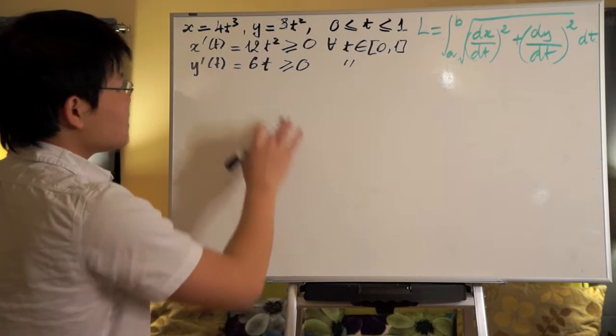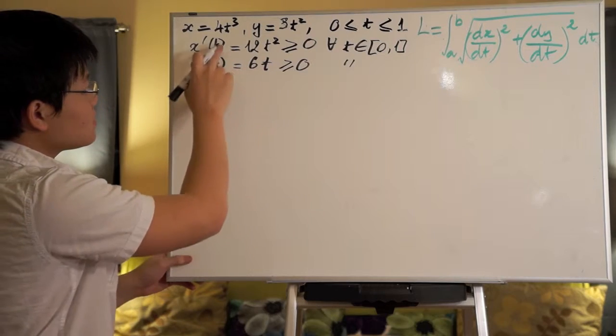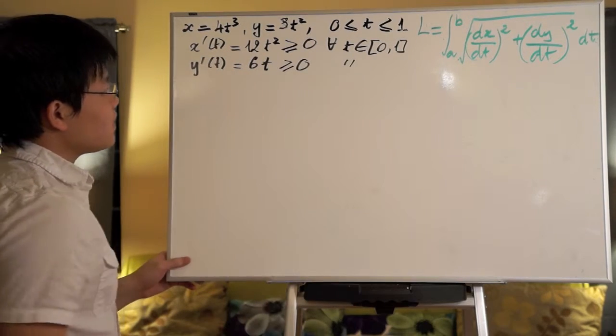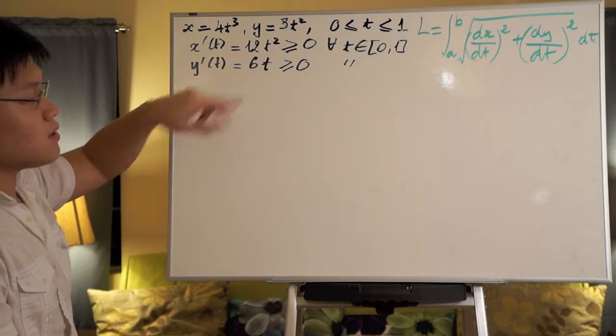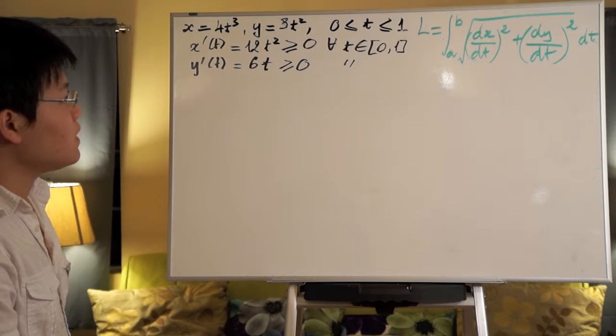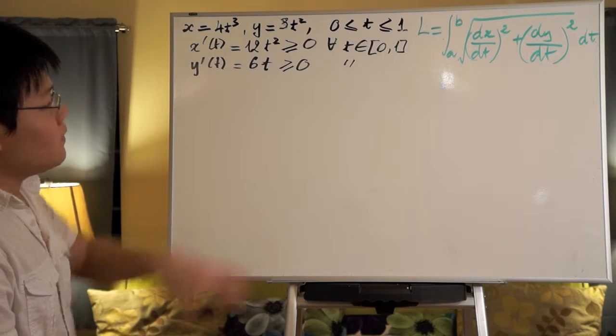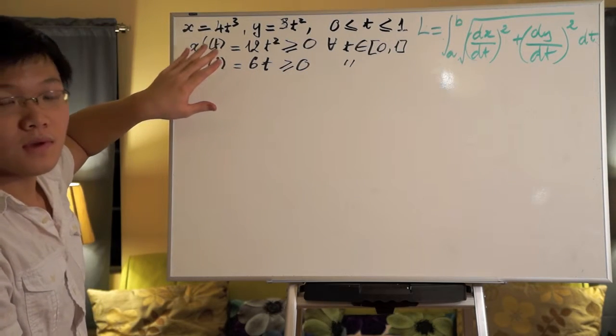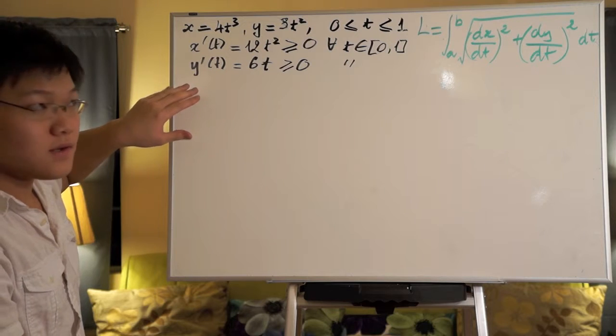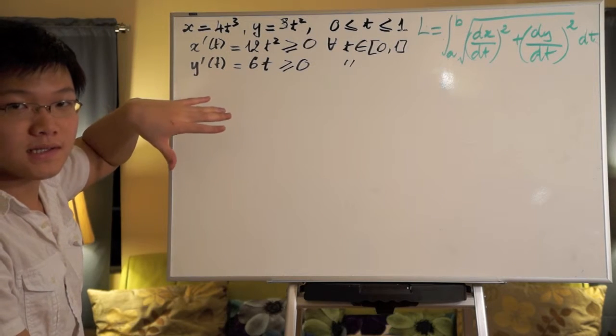Since the derivative is always greater than or equal to 0, except at 0 where it is equal to 0, we know that for any points other than 0, x is increasing and y is increasing. So this curve will not intersect itself.